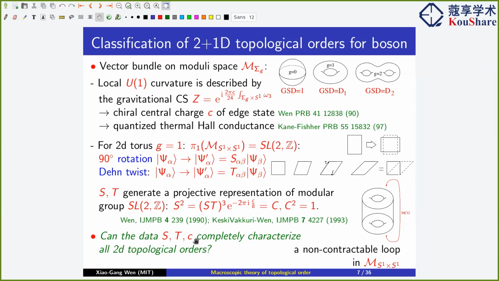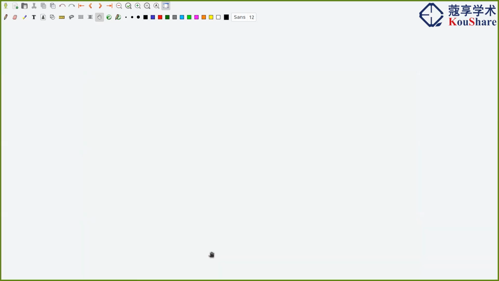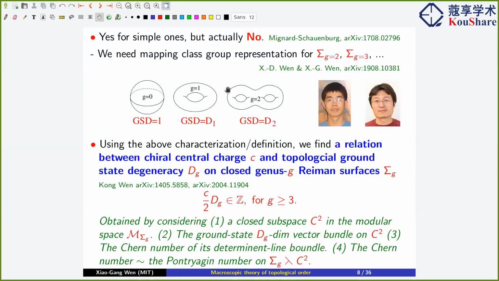Okay, so now let's ask another question: whether this data can completely describe topological order or not. There's a concern that two different topological orders could share the same ST matrix and the same central charge. And actually, the ST matrix is not enough.